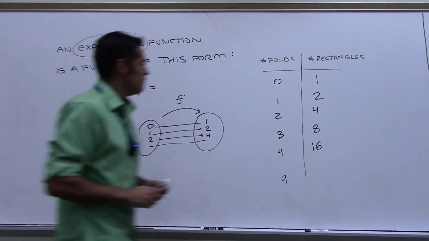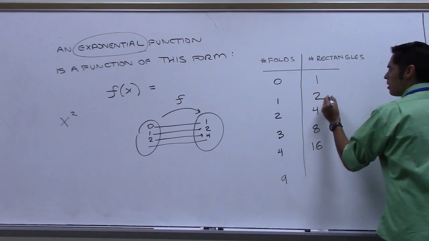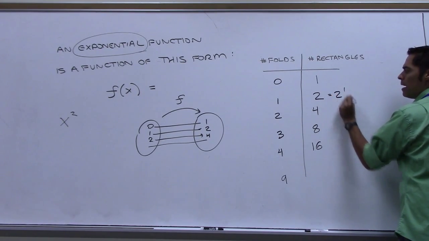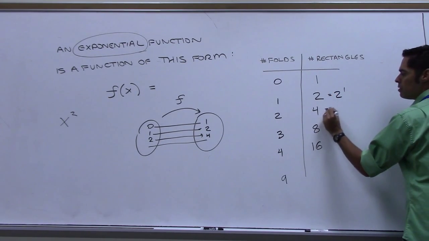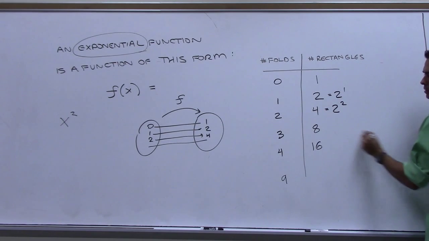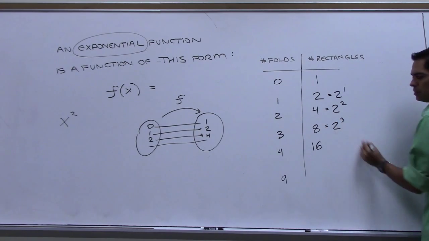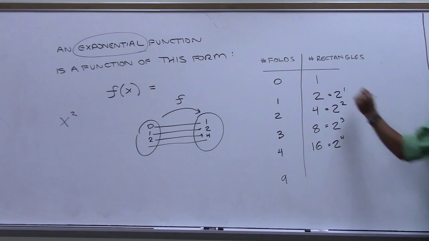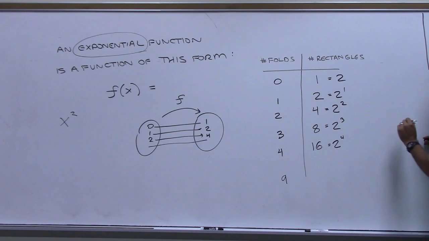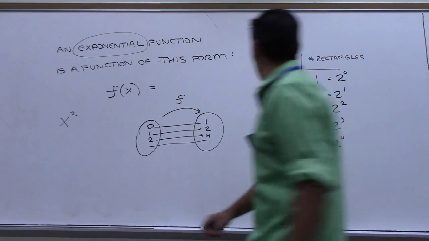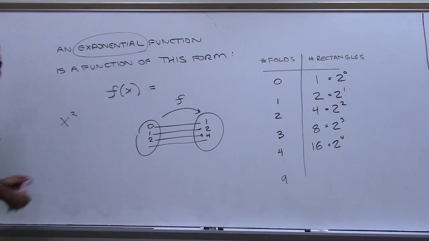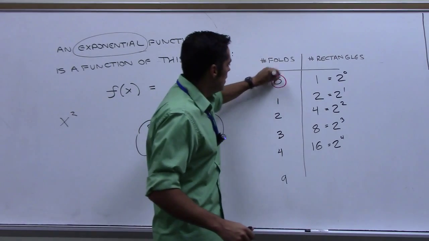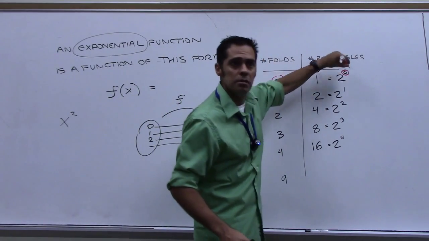So let's take a look back over here. Do you agree that 2 is 2 to the first power? Do you agree that 4 is 2 squared? Do you agree that 8 is 2 cubed? And that 16 is 2 to the fourth? In fact, 1 up here would be 2 to the what? 0. And do you see the connection here? Do you see that the input, the thing that I'm plugging in, is always the thing that's the power?